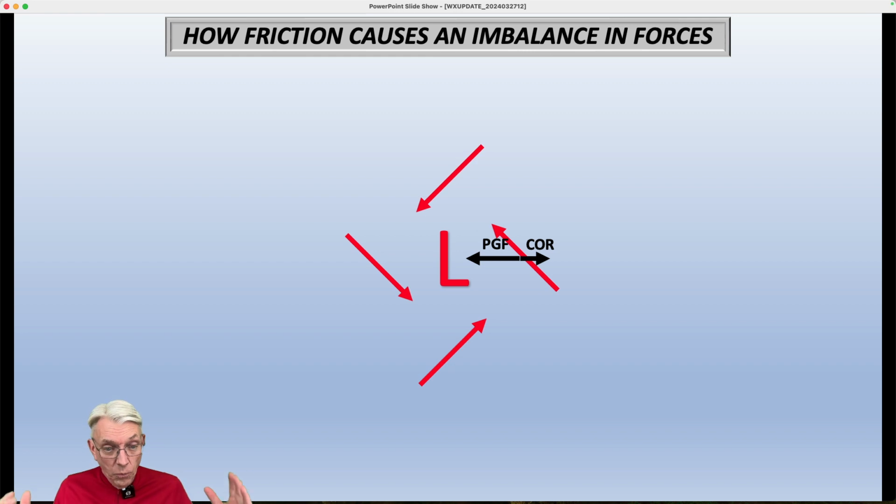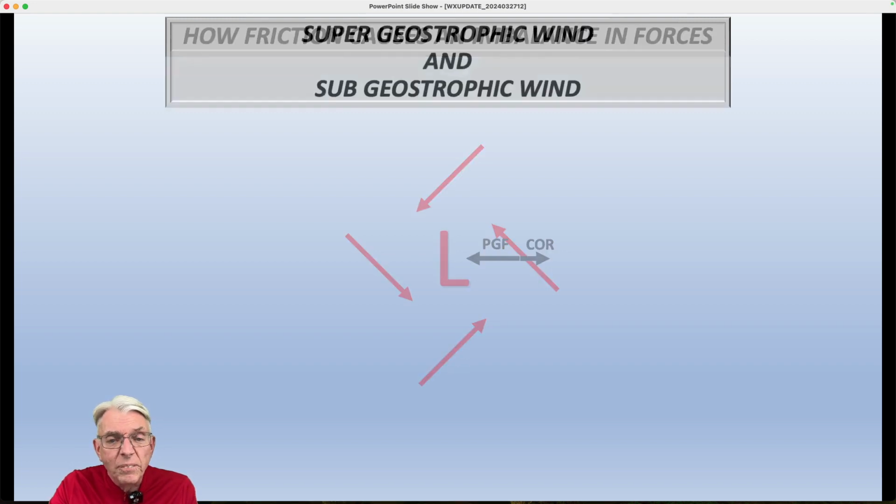And so when it spirals in toward the center, that is convergence. And when you have low-level convergence, you have rising motion, and you get clouds of precipitation if moisture is abundant enough. And so in this case, friction, which is significant over land, really plays a role in increasing the low-level convergence, which can make it precipitate harder.